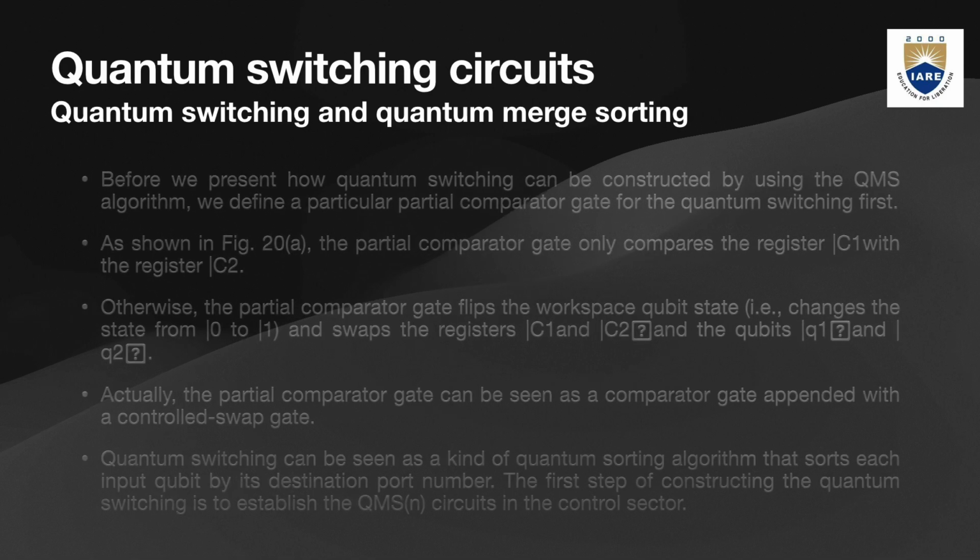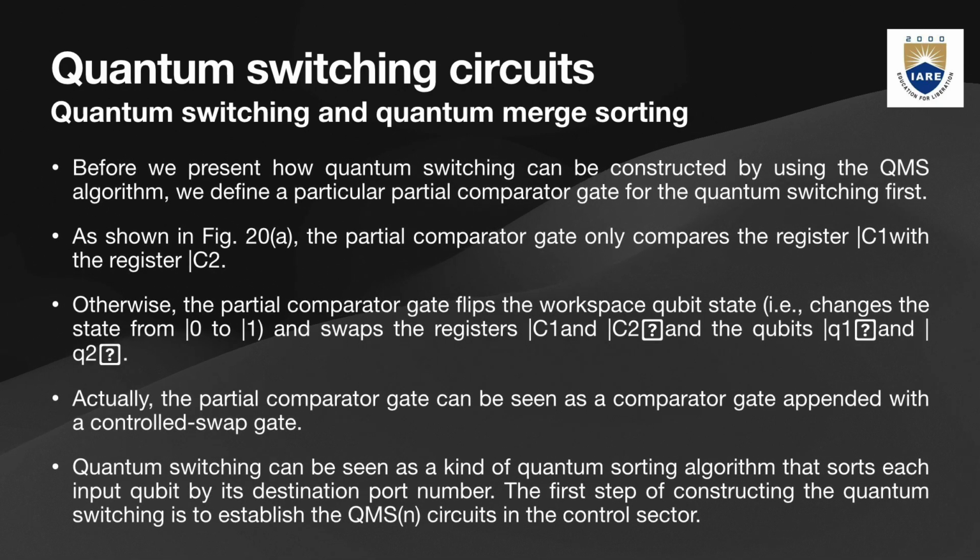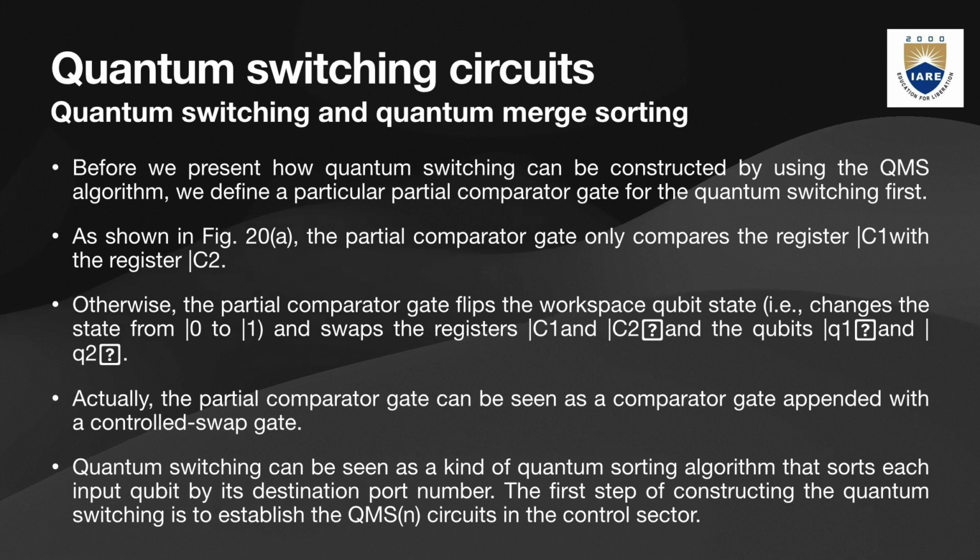So now let's talk about the quantum switching circuits. Before we present how quantum switching can be constructed by using the QMS algorithm, we first define a particular partial comparator gate for the quantum switching. As shown in figure 20a, the partial comparator gate only compares the register C1 with the register C2.